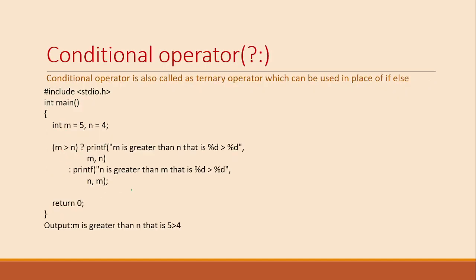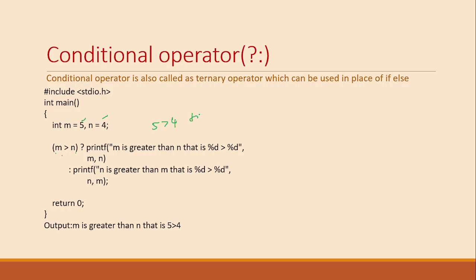Now the conditional operator is also called the ternary operator. In this case, M is taking the value 5 and N is taking 4. If M is greater than N, obviously the expression after the question mark will take effect here. So M is 5, N is 4. M, which is 5, is obviously greater than 4.